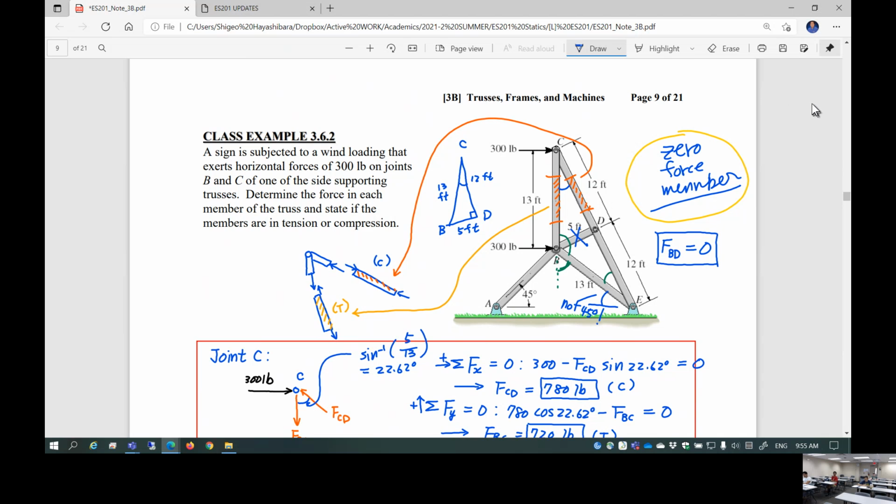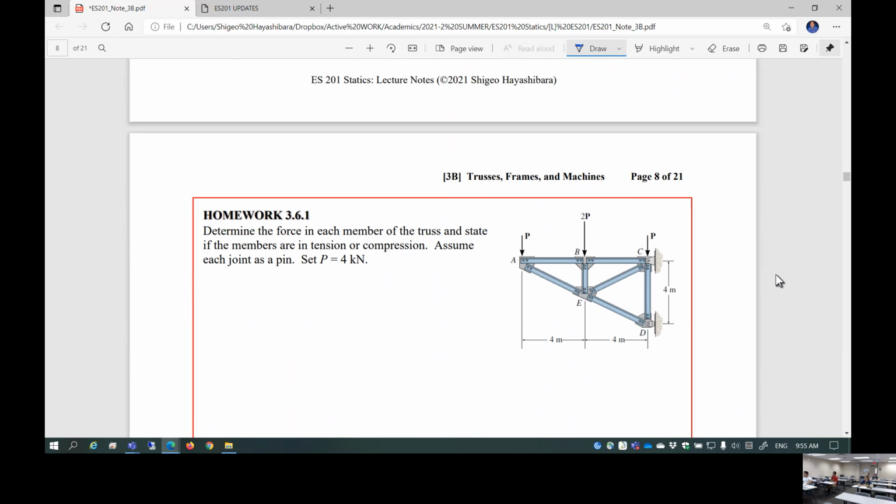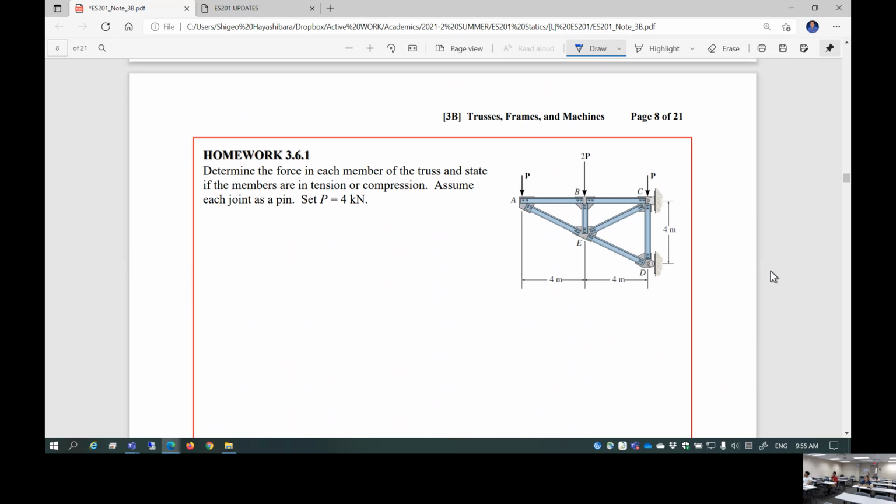Okay. So can you do the same technique for this previously solved problem here? Do you think so? You have to think about it. Suppose you choose pin A, force P is a known value in kilonewtons. You have two unknowns. Yeah, I can solve it. And then if I move to here, using this information to find those two, yeah, I can do that.